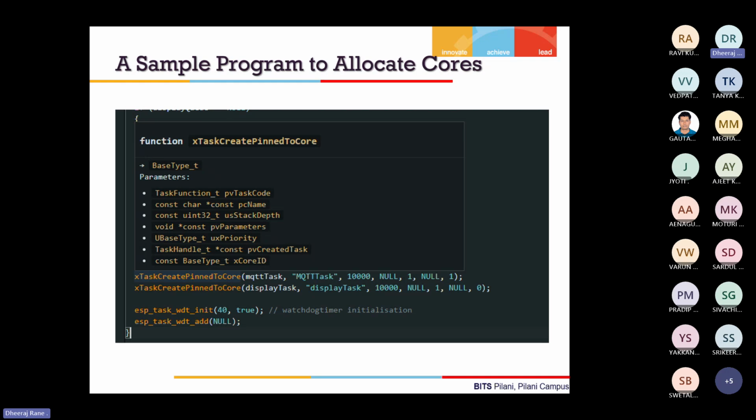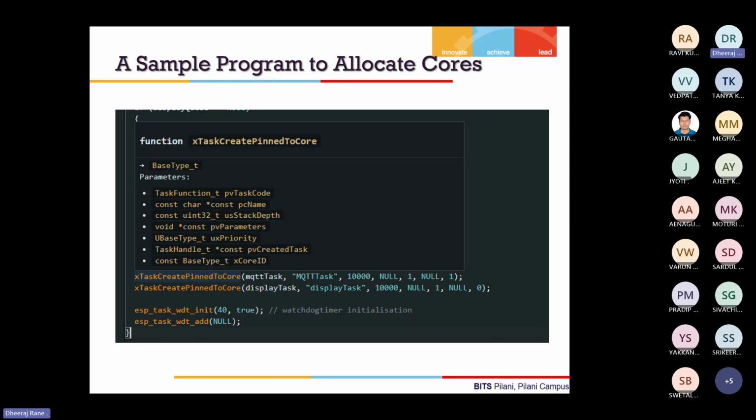Okay, so this is a sample program, not specifically for GPU cores, but just to show the difference. We used one display and at the same time MQTT was to be utilized. But when we were not allocating a specific core of that ESP32 to display, there was a considerable lag, right?